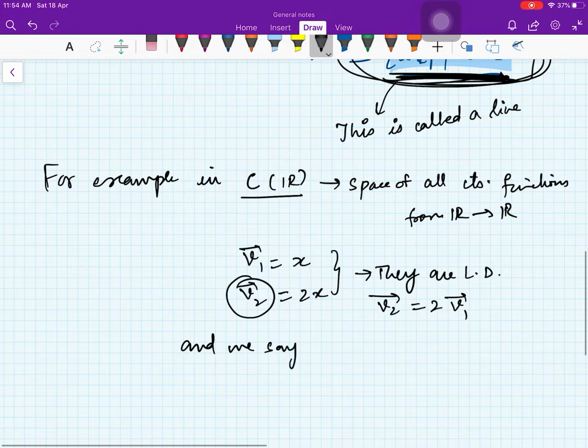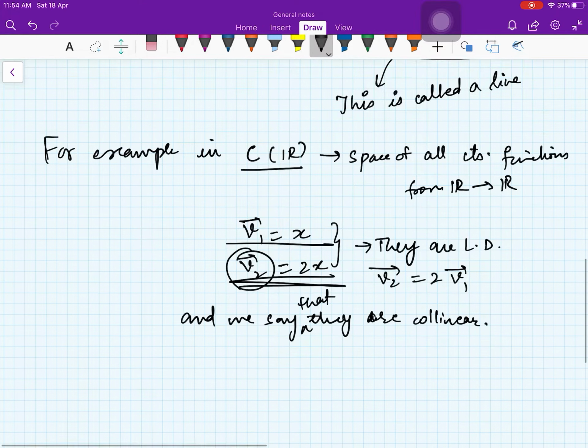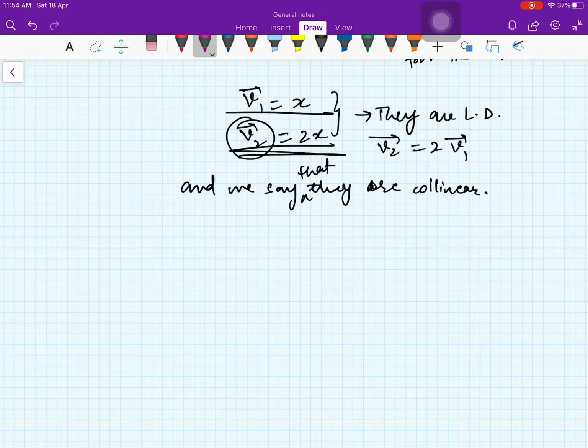They are linearly dependent, and we say that they are collinear. Although it doesn't mean they are on a line, because we cannot see a line here, this is the terminology we use.